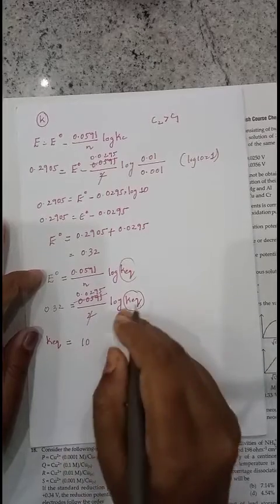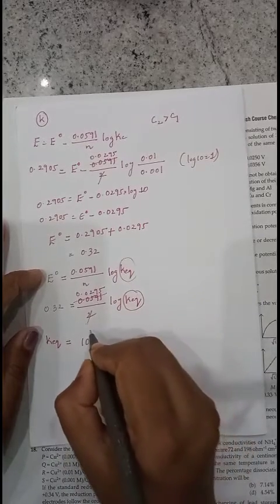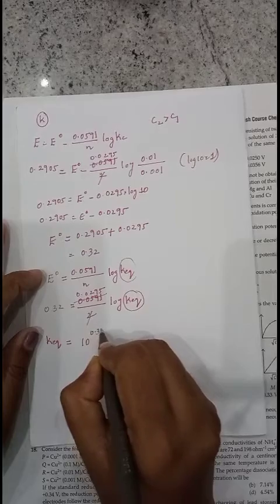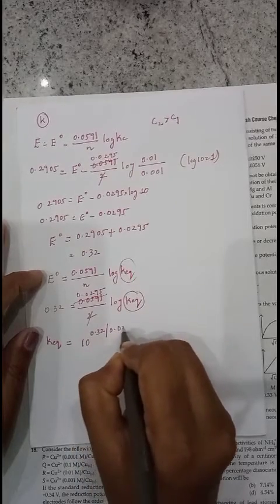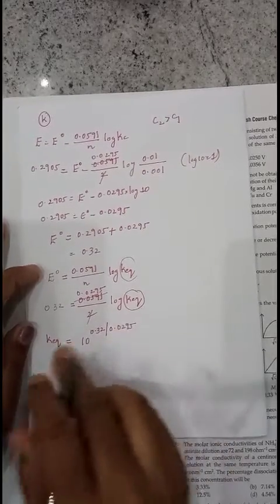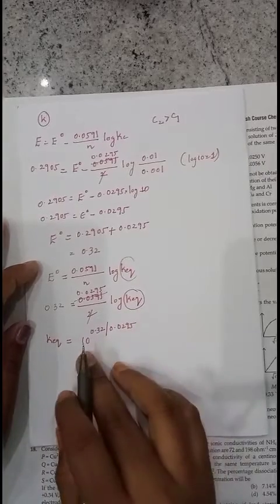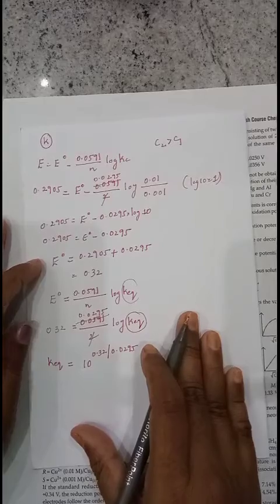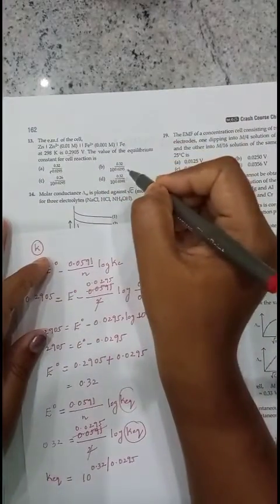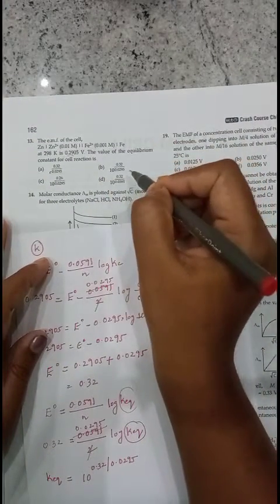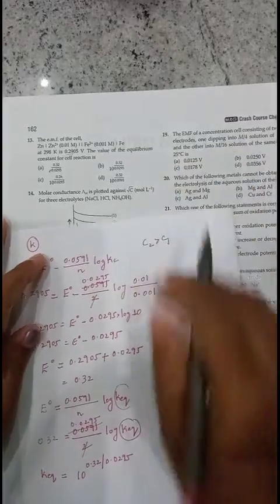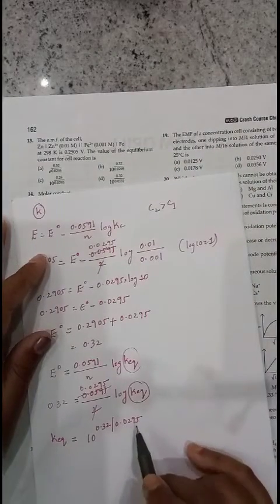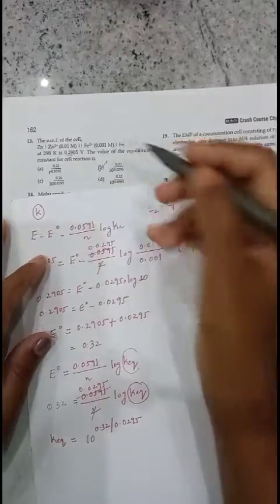K equilibrium equals 10 to the power of 0.32 divided by 0.0295. So that is the equilibrium constant. Answer is B.